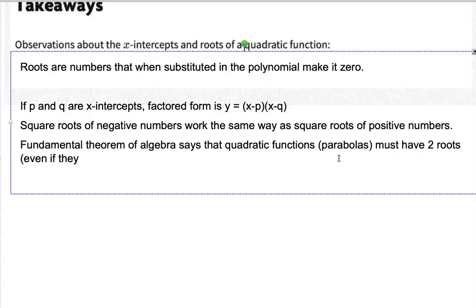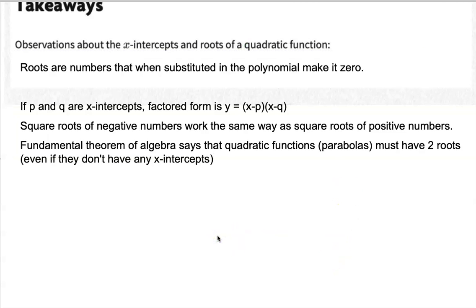Even if they don't have any x-intercepts. Okay, so even if our parabola never ever touches the x-axis, it still has roots. It still has values that you can plug in that'll make it 0. X-intercepts also do that, but sometimes there are numbers that aren't x-intercepts that are also roots.